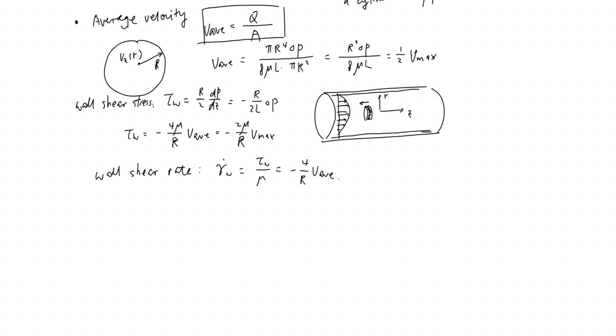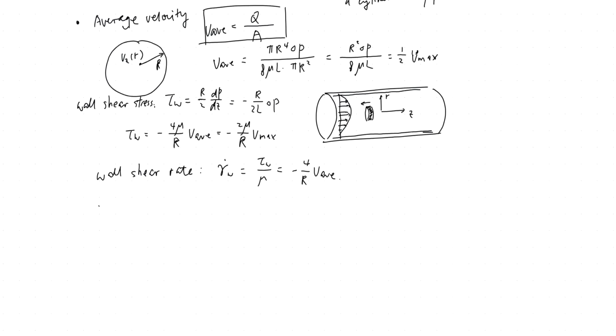So people sometimes would like to define something called the reduced average velocity to account for the ratio effect. So let me just define what is reduced average velocity.